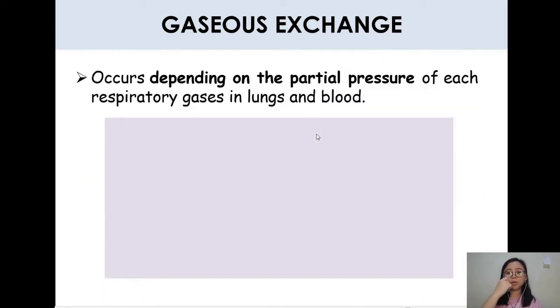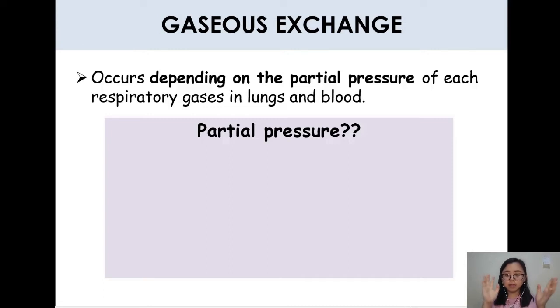What we're going to talk about, which it might be a little bit confusing now, is the partial pressure. So this gaseous exchange will occur depending on the partial pressure of each respiratory gas in the lungs and the blood. Okay? What is partial pressure? You already learned in physics and also in chemistry that gas can exert some pressure.